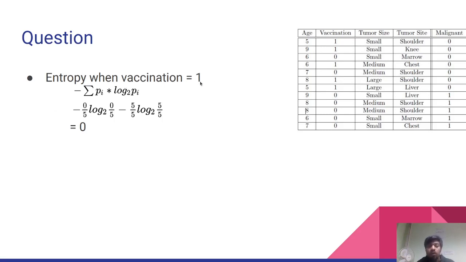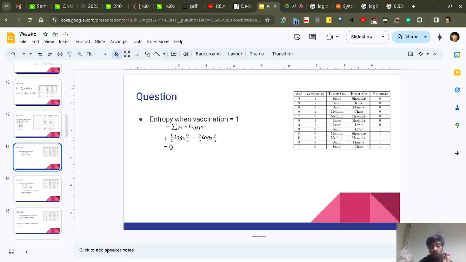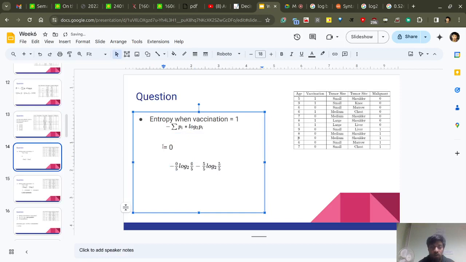Sir, please explain once again. How did you get 5 out of 5? I understood the first part, 0 out of 5. Please explain the second part. Okay, let me write it. Let me move the equations a little bit.